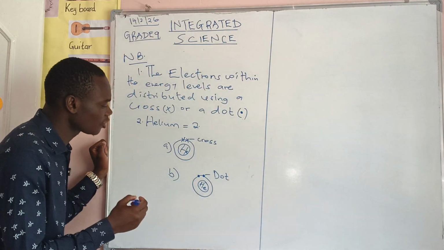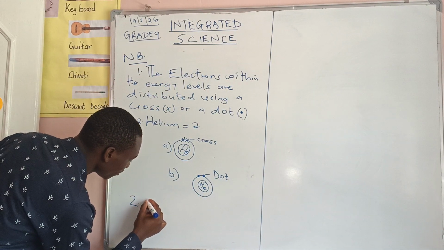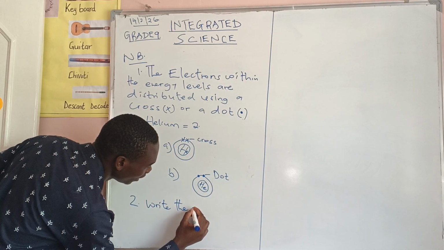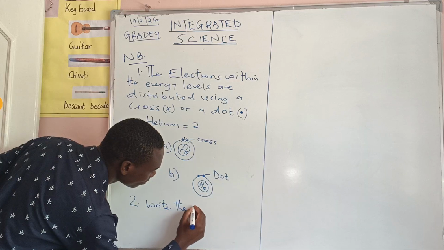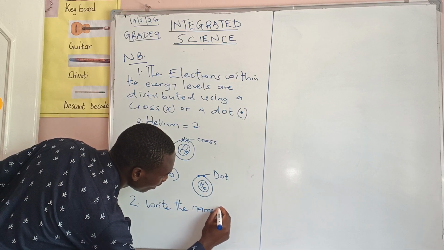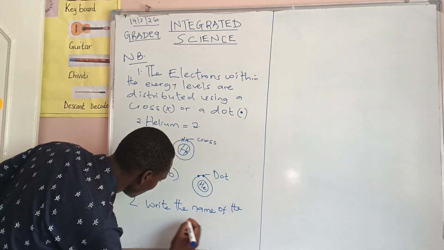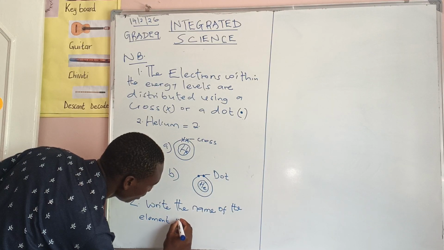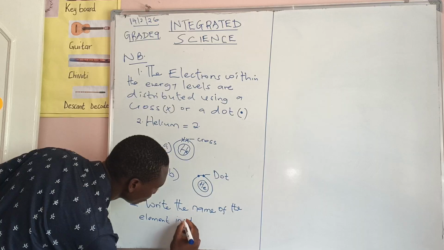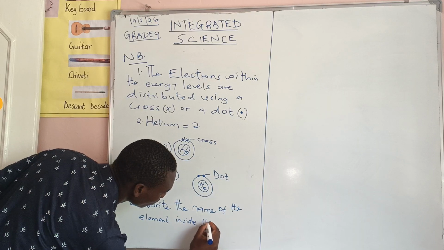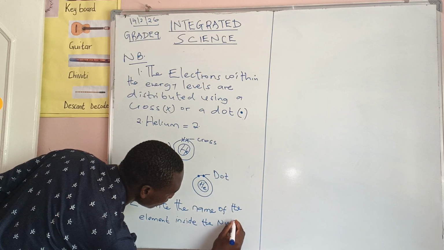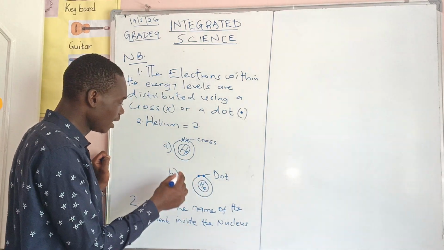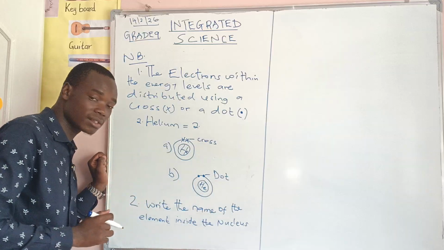Now, the second NB, we have to ensure, or rather, write the name of the element inside the nucleus, or rather within the nucleus. So you can see there is helium inside.